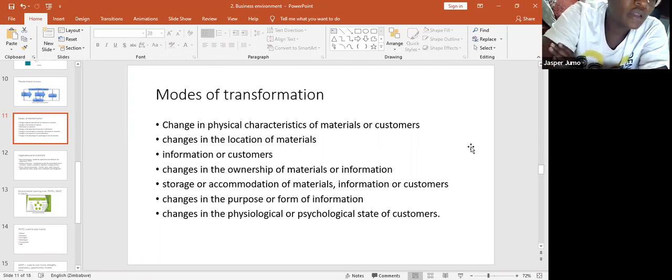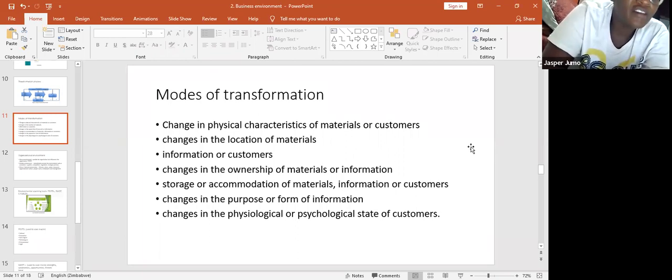So when I see the words physical characteristics, they are saying a change in physical characteristics of materials or customers. How can you transform a customer? Maybe, you know, those people who have hairdressing, makeup businesses, they do change some physical characteristics.